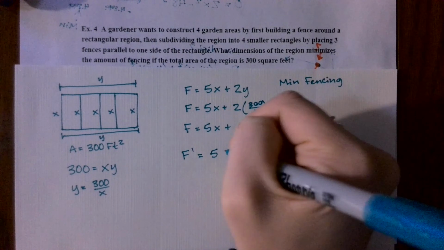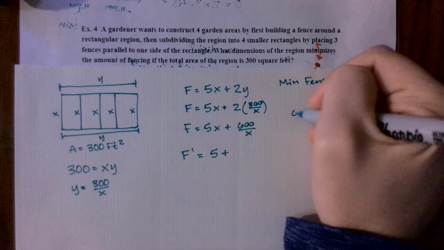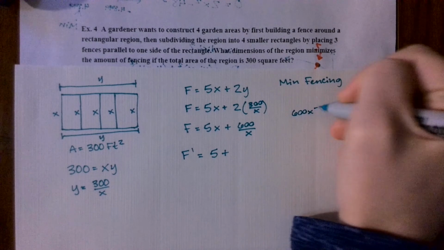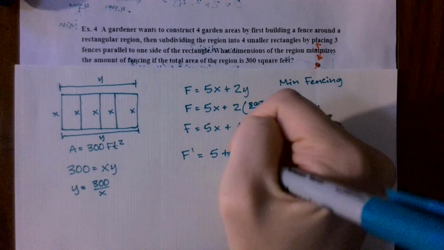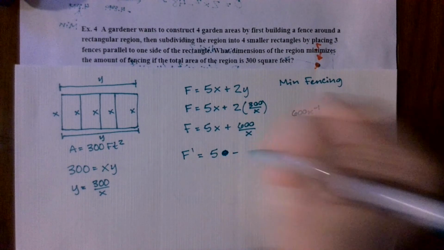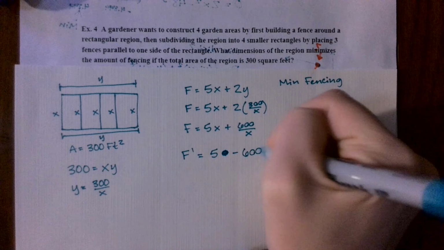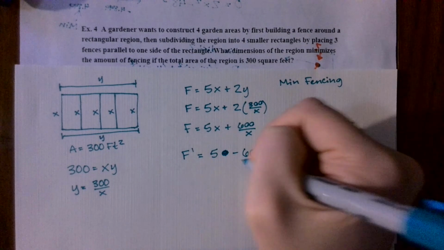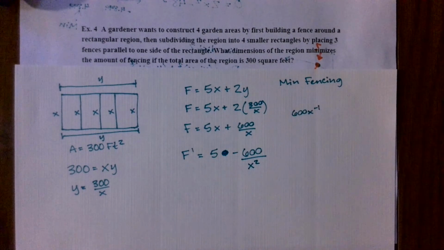I end up with 5. And then for my 600, x to the negative first, I actually end up with a negative 600, and then x to the negative second, which is over x squared. Now I do want a common denominator because I'm looking at setting it equal to 0.